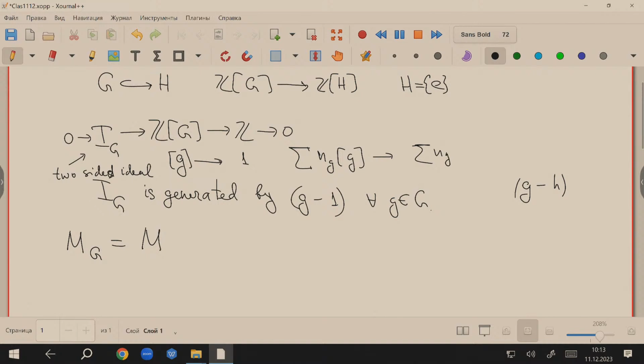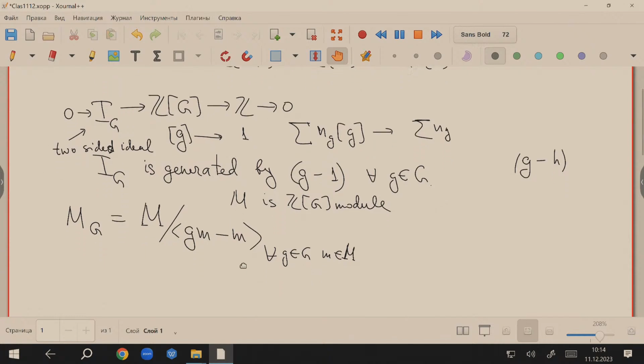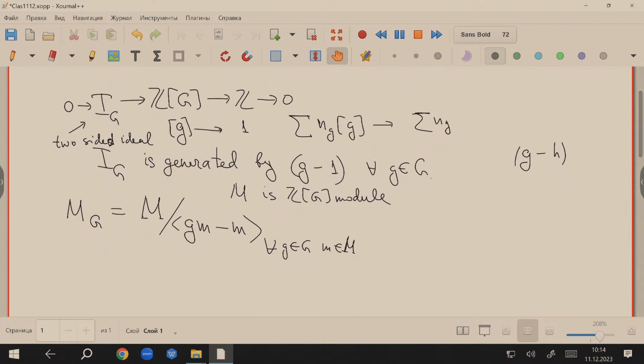That was just M factored, where M is a G-module, by the submodule generated by elements of this kind, gm minus m, for all g in G and m in M. You can view precisely that gm minus m is just an application of g minus 1 to m.